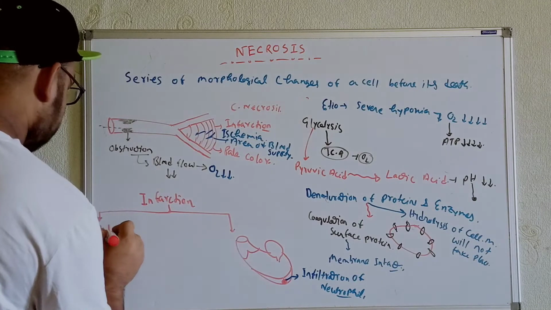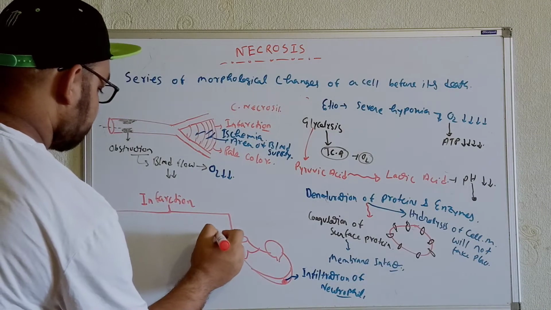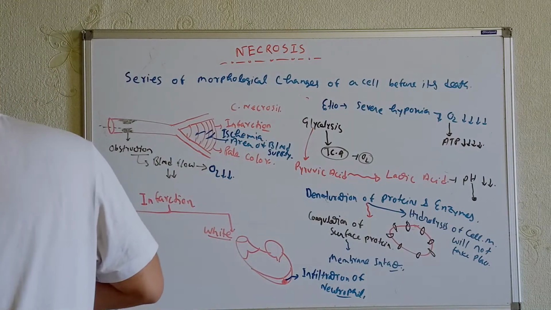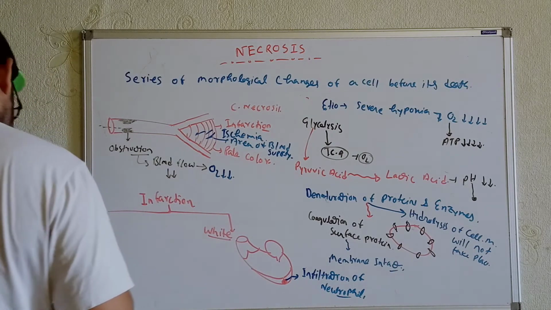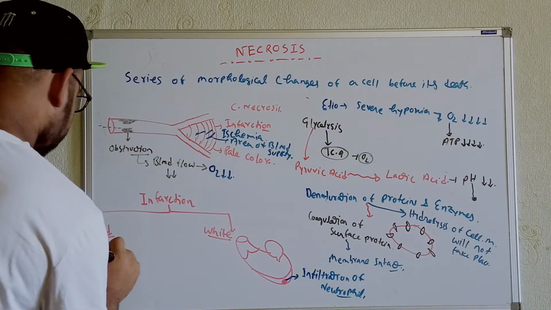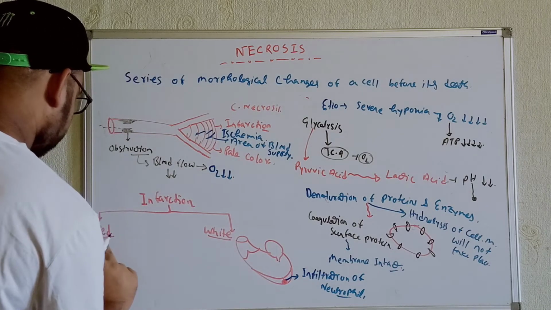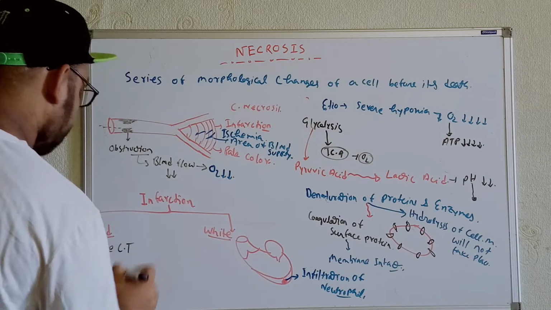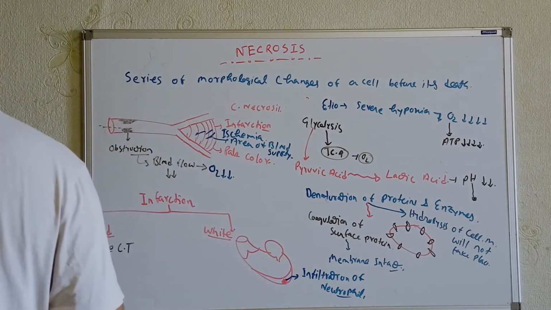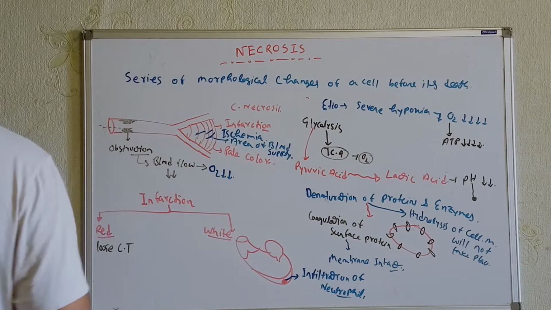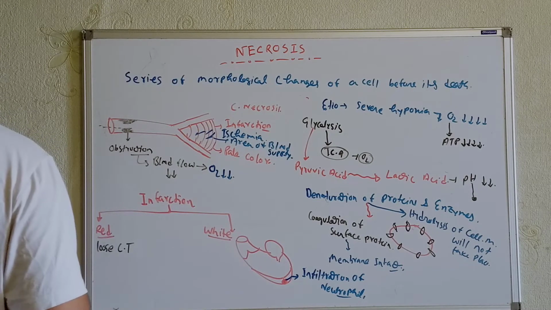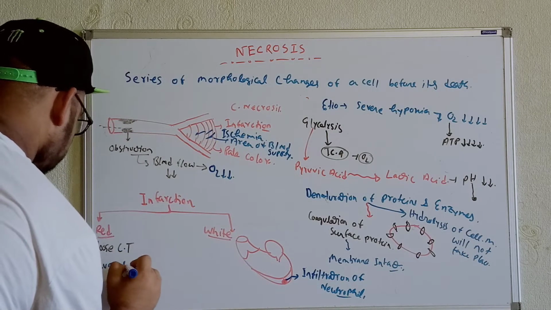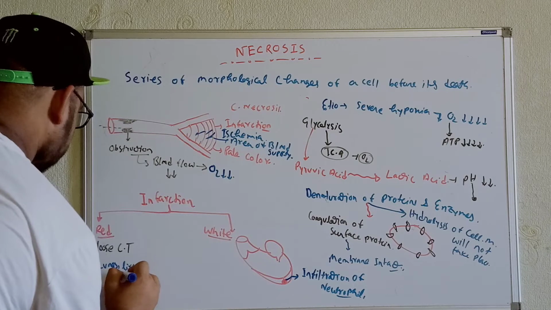The red infarctions we can see in loose connective tissue, for example in the lungs, liver, etc.